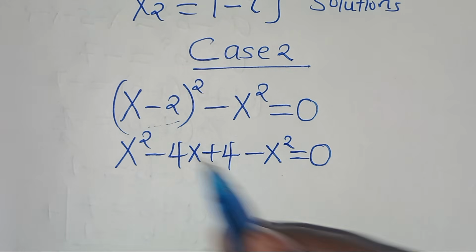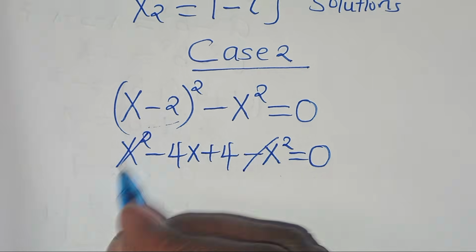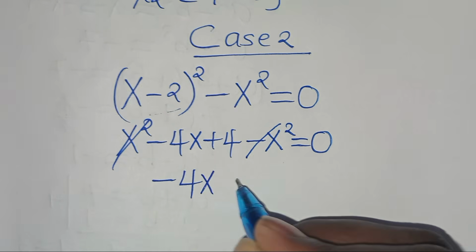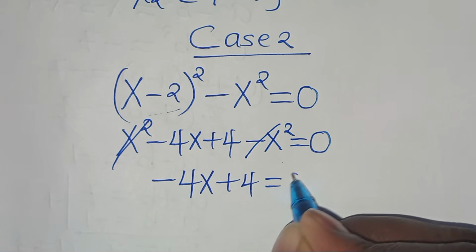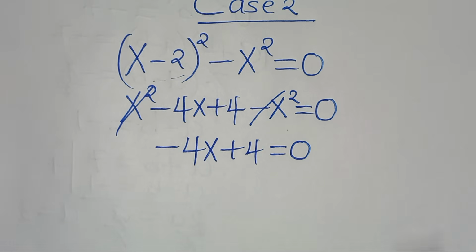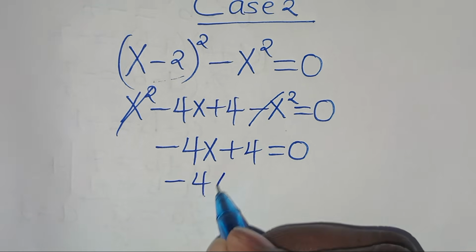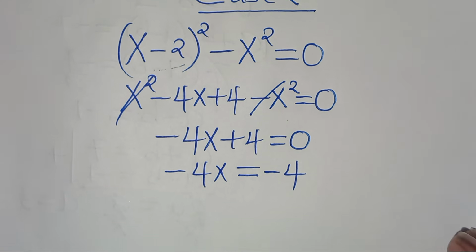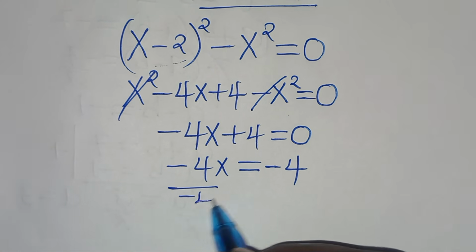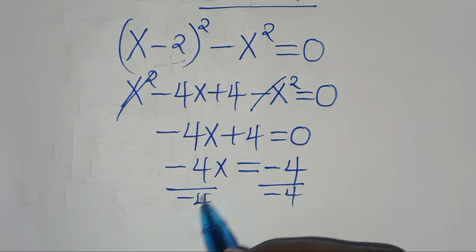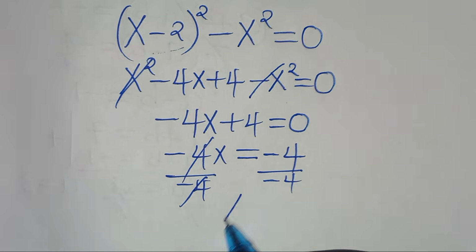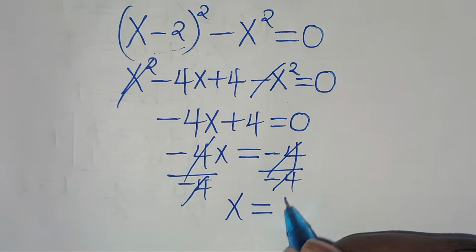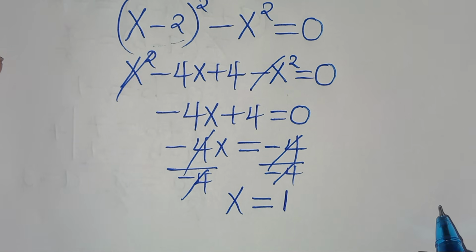So x squared minus x squared simplifies so that we have negative 4x plus 4, equal to 0. So negative 4x is equal to negative 4. Now let's divide both sides by negative 4. And this implies that x is equal to negative 4 divided by negative 4, and the value of x is equal to 1.